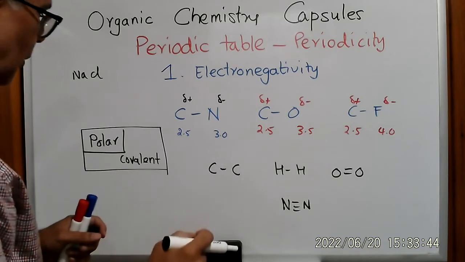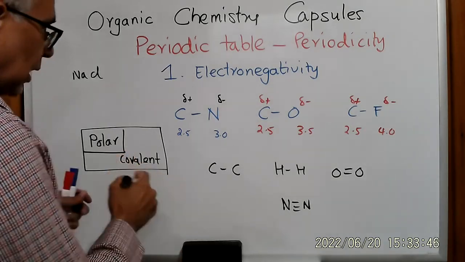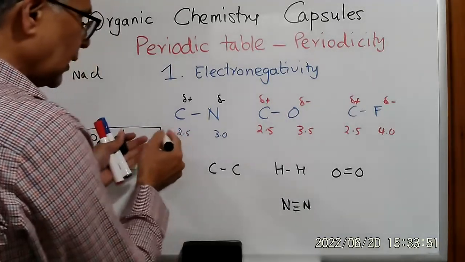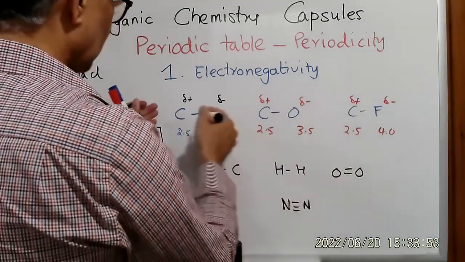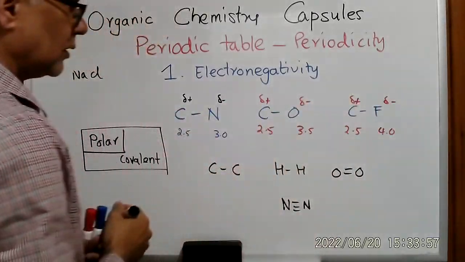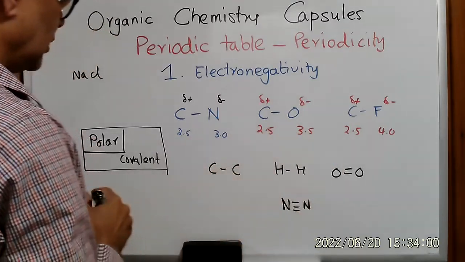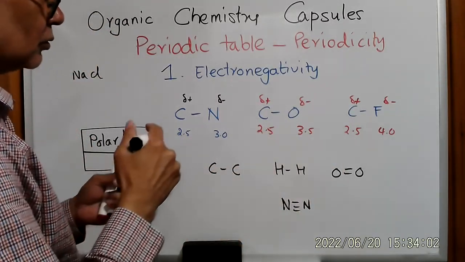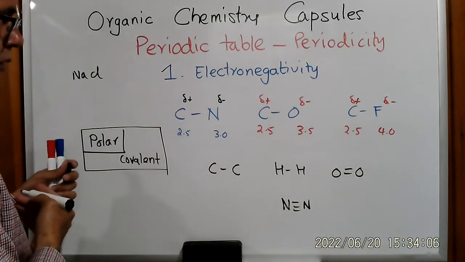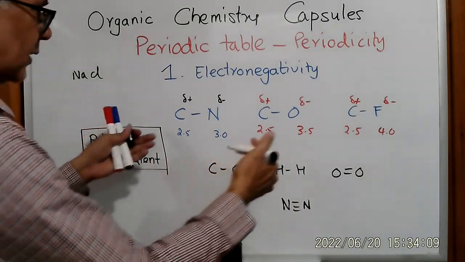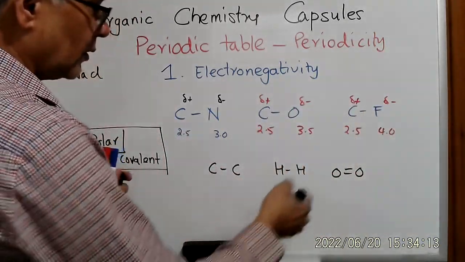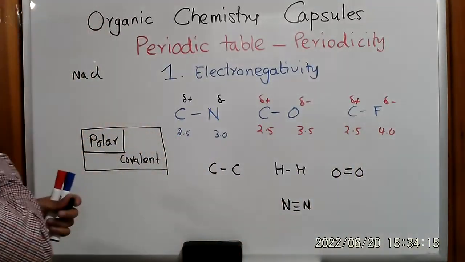They're somewhat polar. Now, again, the trend. If I put a question like this on the exam, you have these three bonds, carbon-nitrogen, carbon-oxygen, carbon-fluorine. Arrange them in order from most polar bond to least polar bond. How will you do that? You do not need to remember the exact numbers, but you remember the trend.